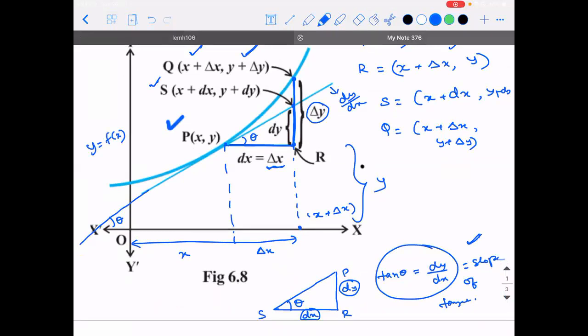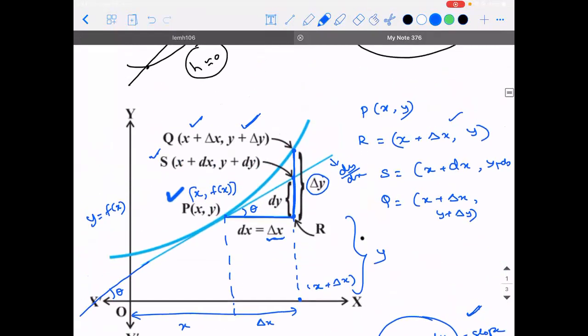Correct? That is the function, no? So can I write this point as x comma f of x? Then can I write this point as x plus delta x comma f of x plus delta x, sorry, f of x plus delta x plus delta y.